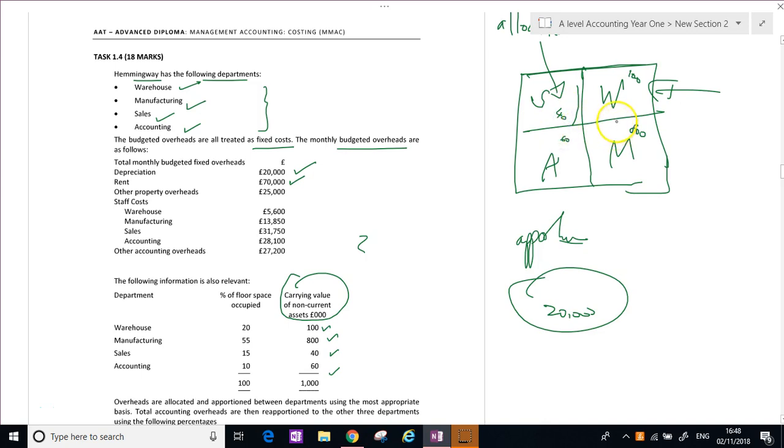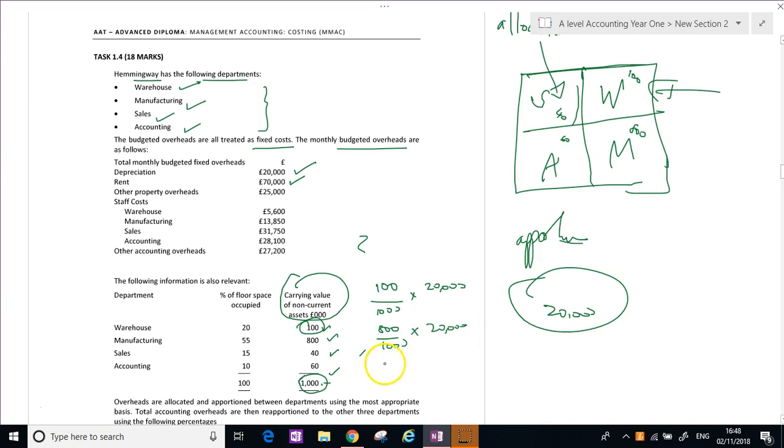So that as a proportion, which is really ratios, we know the total is 1,000, a million if you like. So it means that 100 of this is driving, or is causing, the depreciation. If I want to work out my depreciation for warehouse, I will say 100 over a million times 20,000. Manufacturing, I will say 800 over a million times 20,000.